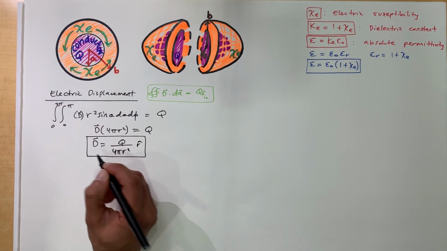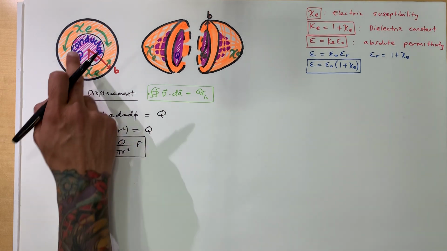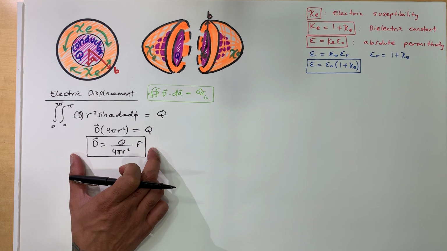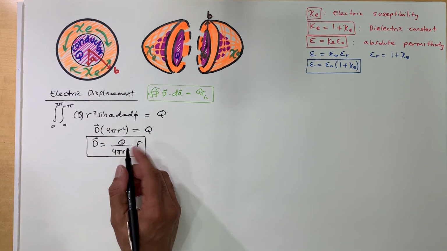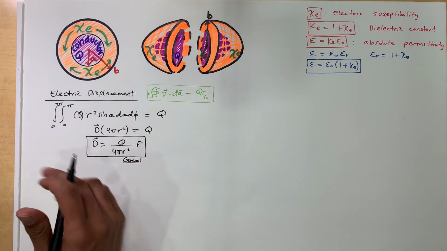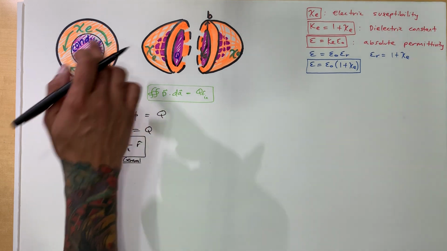Okay, electric displacement. So there are two regions, right? So this is not describing the full electric displacement. Again, this is like the general term, like we did in the previous example. So we need to describe each region.